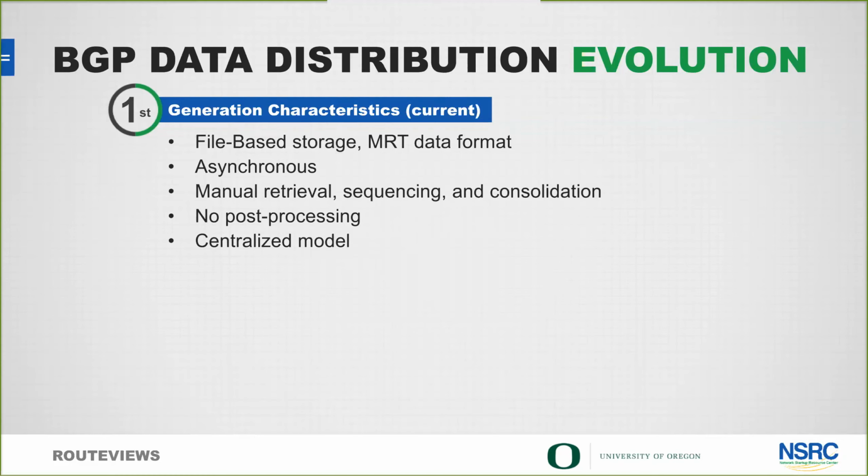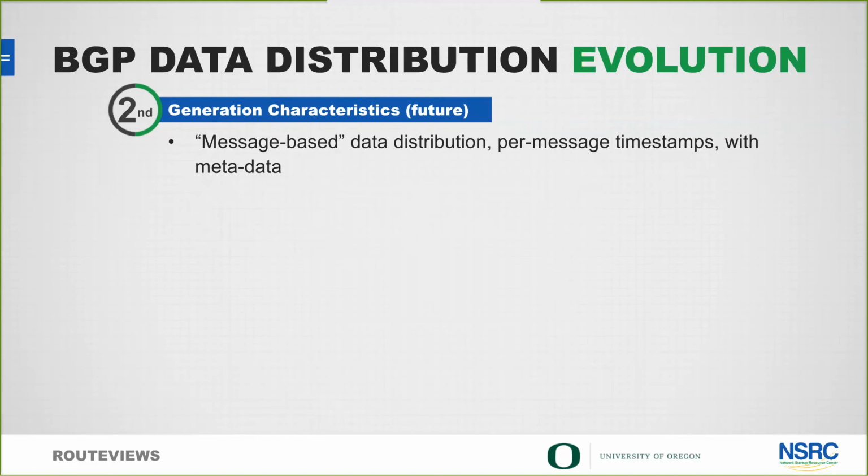And essentially what we've done is we've taken that to the next step, and we've applied some newer technologies and concepts to the Route Views platform to try to alleviate some of these barriers. So the second generation characteristics of how we do data distribution within Route Views look something like this. It's a message-based data distribution model.